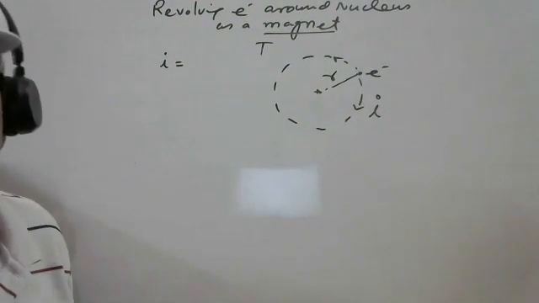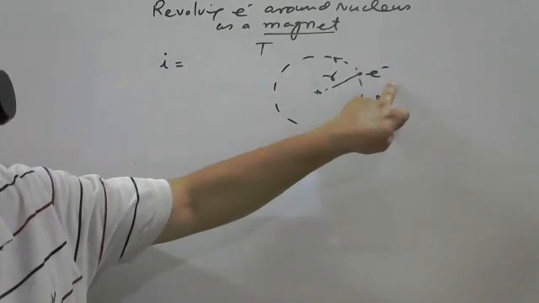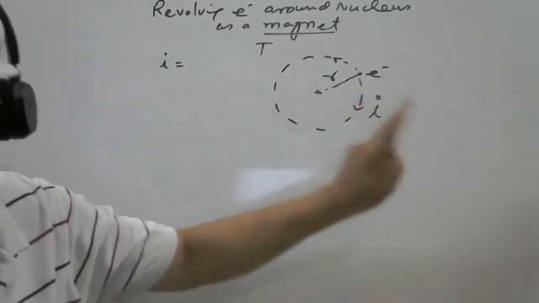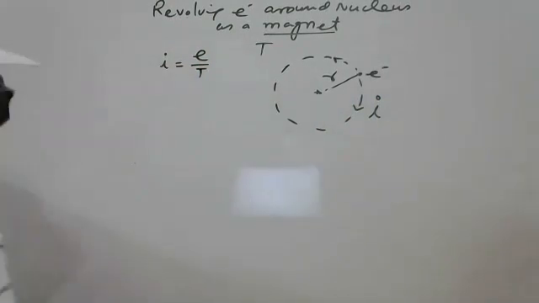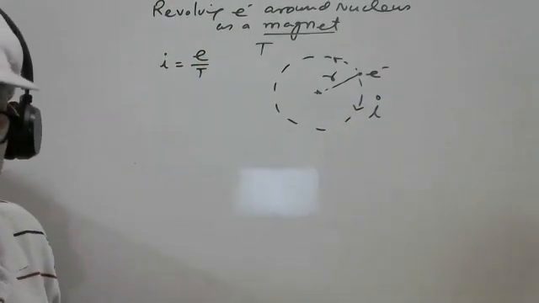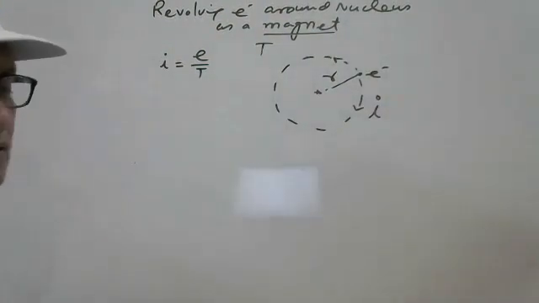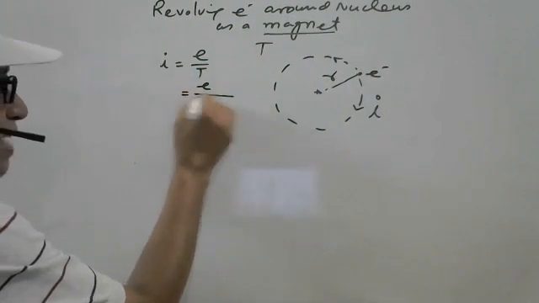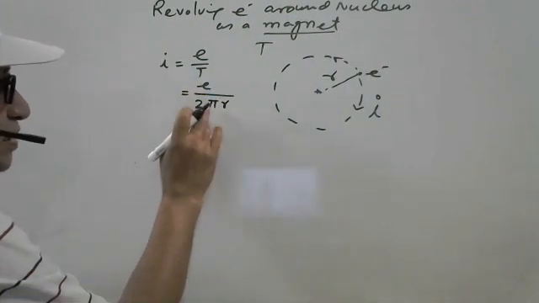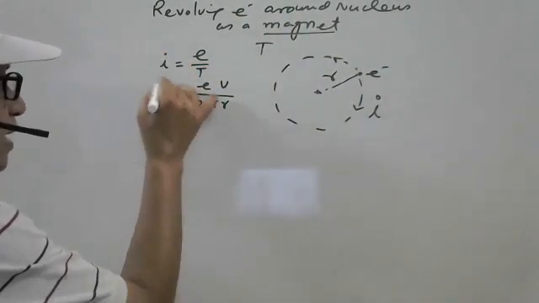Flowing charge per second. The charge here is e, instead of Q, we write e for the electron, divided by the time. What is the time period? Distance upon speed. What is the distance? The perimeter or circumference, 2 pi r, divided by the speed v. So this is the current.